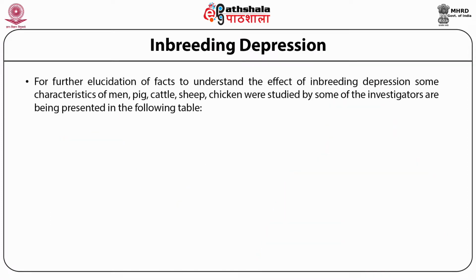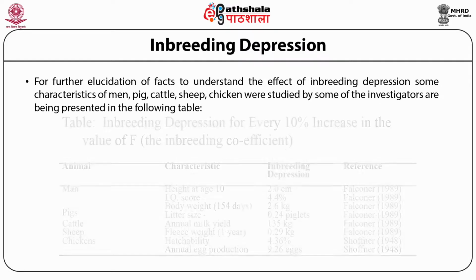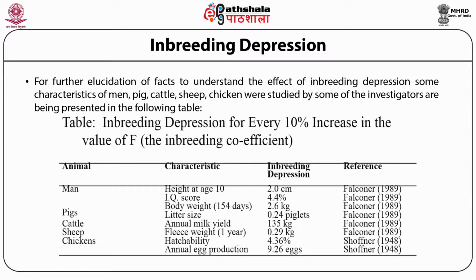For further elucidation of facts to understand the effect of inbreeding depression, some characteristics of man, pig, cattle, sheep, chicken studied by some of the investigators are given in the table as follows: the name of animals, their characteristics, inbreeding depression, and the reference from where these were taken.